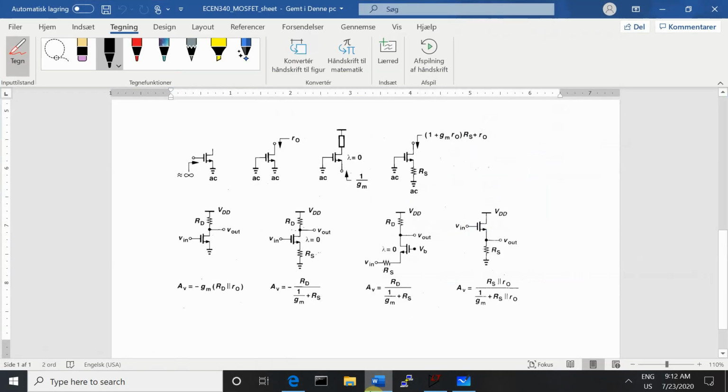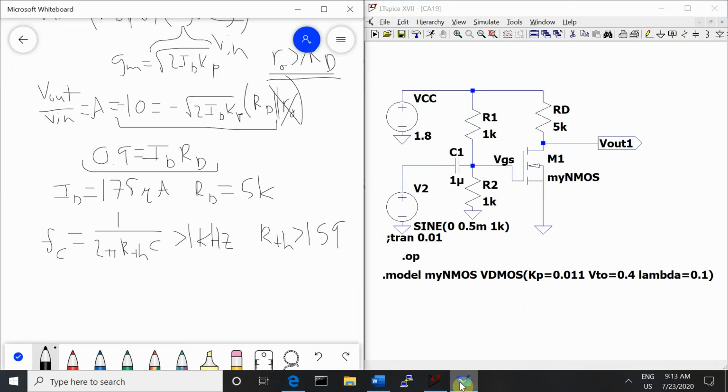And if we look at our handy-dandy MOSFET equation sheet, the input resistance into the MOSFET is approximately infinite. So we can neglect that in our equation. We don't need to include that in our parallel combination. So R Thevenin is R1 in parallel with R2, in parallel with infinity.